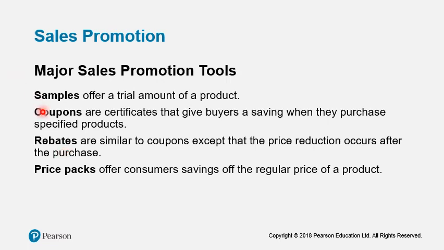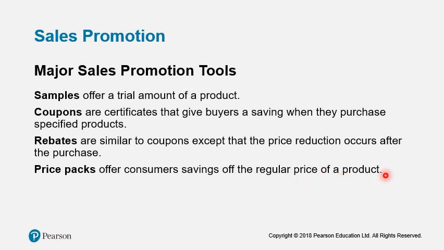Next is the price packs. Price packs offer consumers savings off the regular price of a product. So price packs are typically just like your discounts, for some savings that you can get off the regular price of a product that you buy.